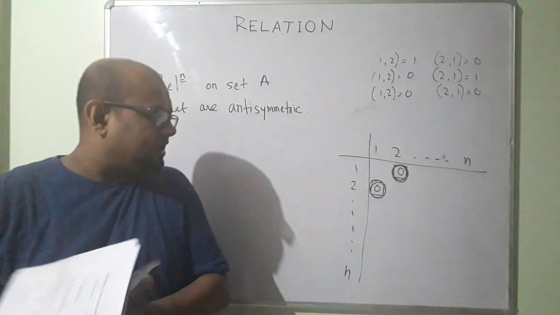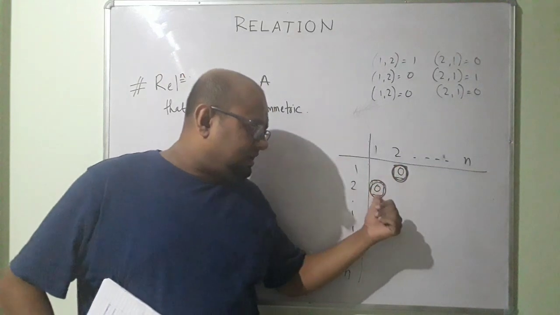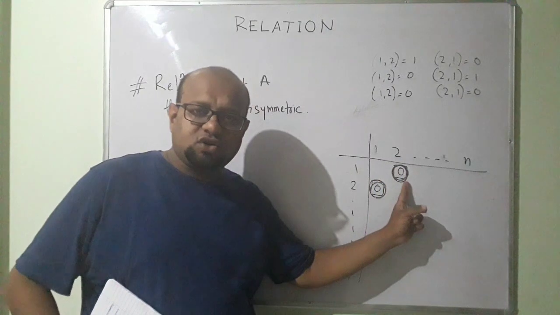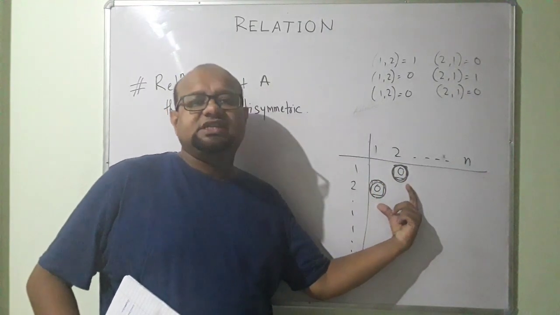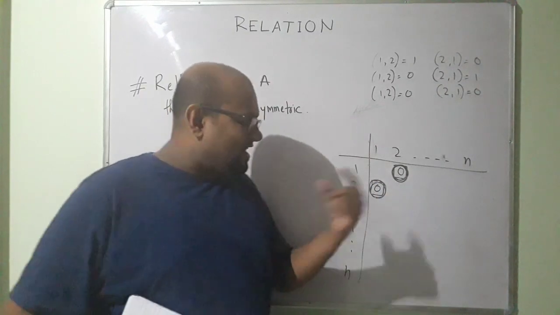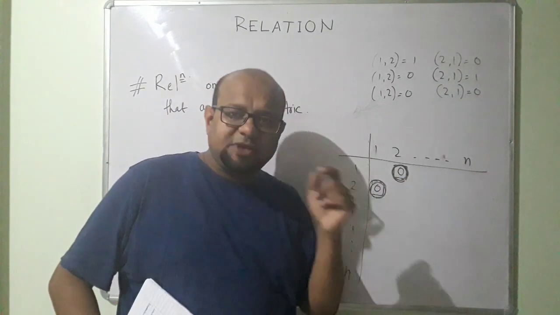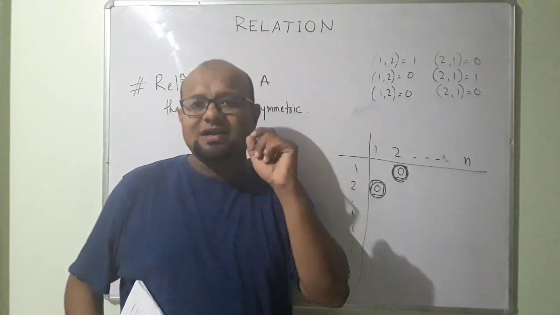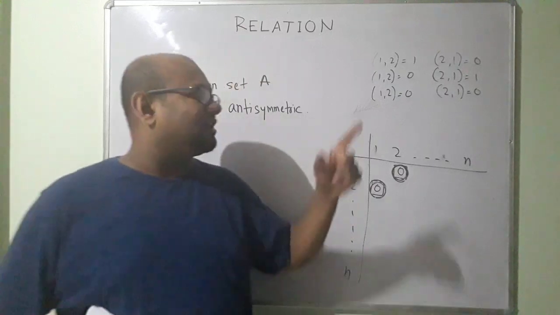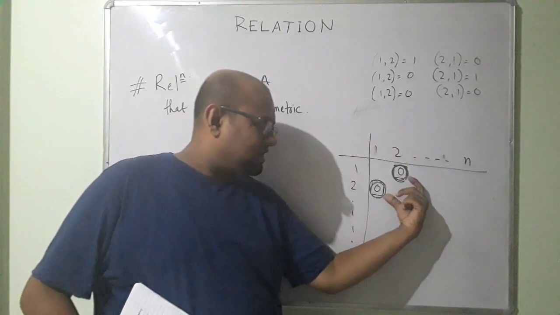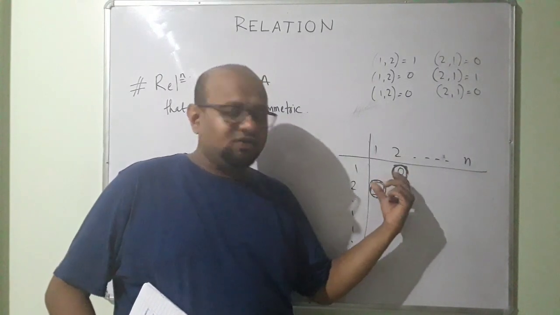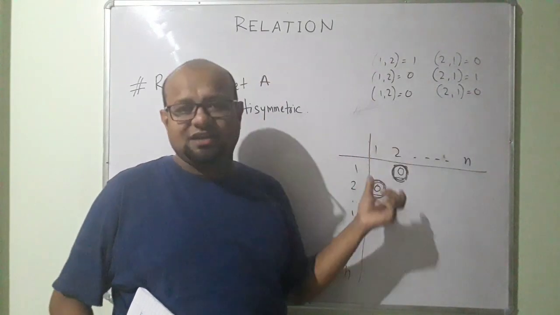Here I may have 1 in here, then this should be 0, or I may have 0 in both the places. So think about it. If I take these two as being linked, as being one place that I can fill, then there are three choices that I can make for this pair.